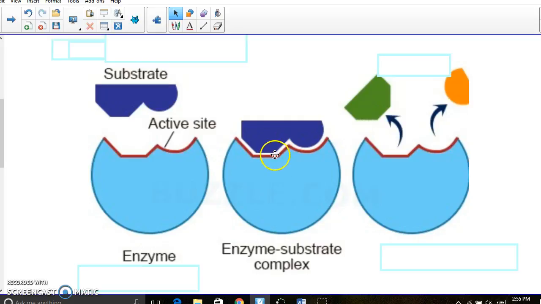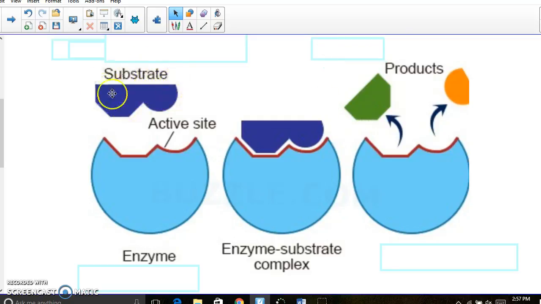So once they've bound in here, it's much easier to break those bonds and create new bonds. And once those bonds are broken and remade and the chemical reaction is finished, then the enzyme releases the products.